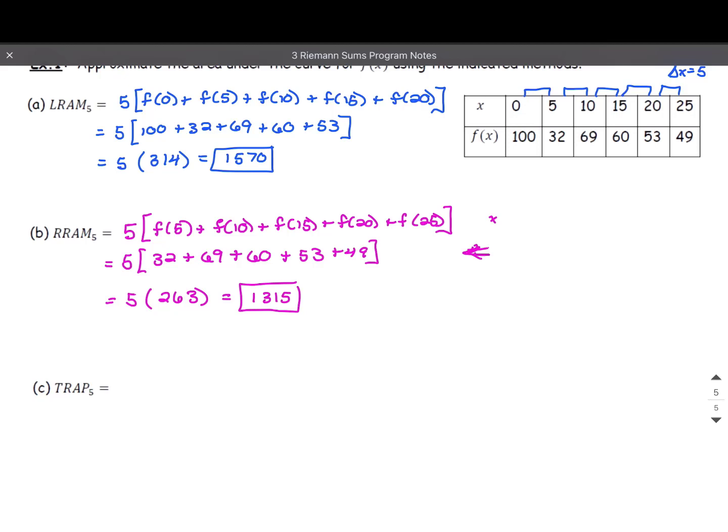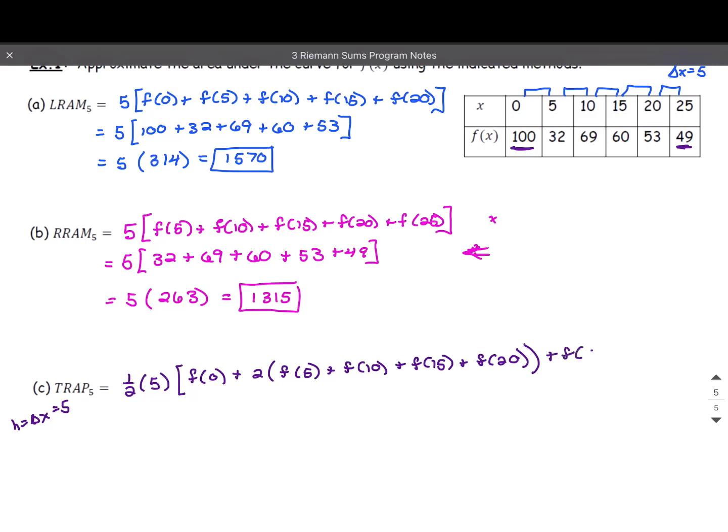So it's nice, all the heights this time, because remember our heights are delta x, they're all 5. So our trapezoid is 1/2 times the height 5 times, we're only going to use the 100 and the 49 once. So f of 0 or 100 plus 2 times the f of 5 plus f of 10 plus f of 15 plus f of 20. Now I'm going to have to close it because I'm done doubling, plus f of 25.